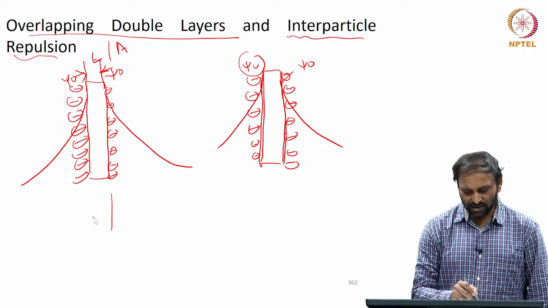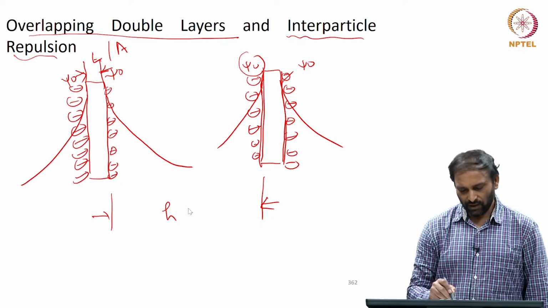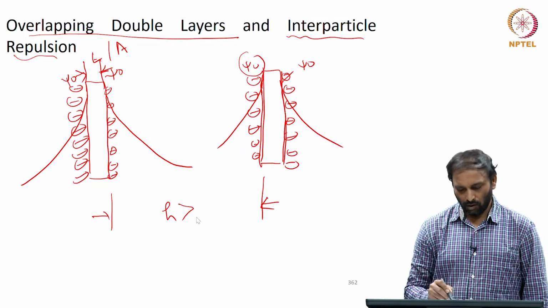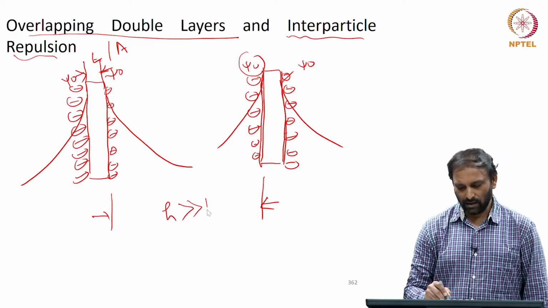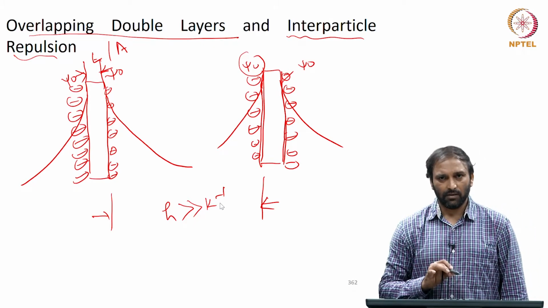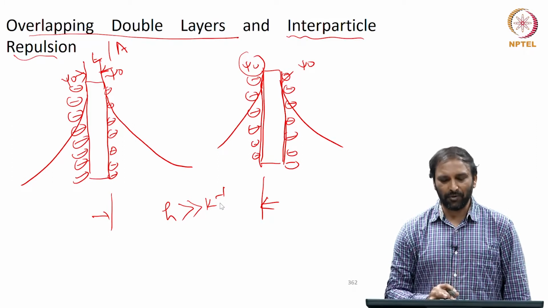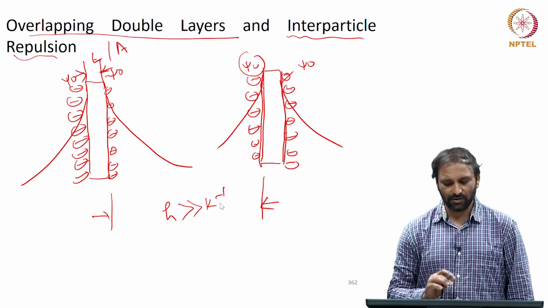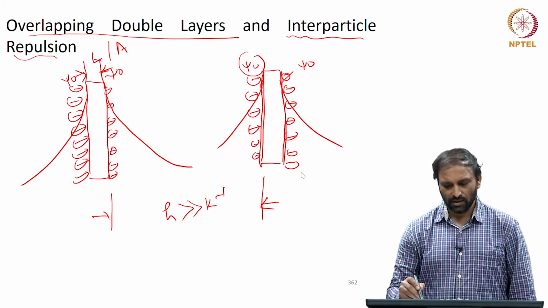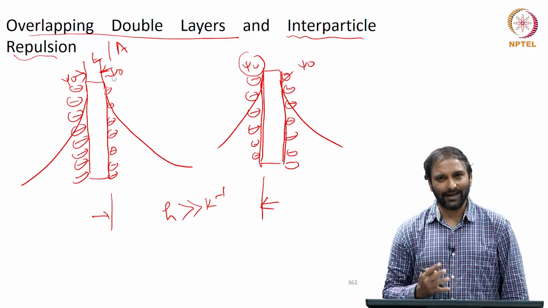Now, if the distance between the plates, that is h, is far greater than kappa inverse, as I mentioned earlier, there will not be any overlap of electrical double layers. Therefore, in such cases the interparticle repulsion will not exist.